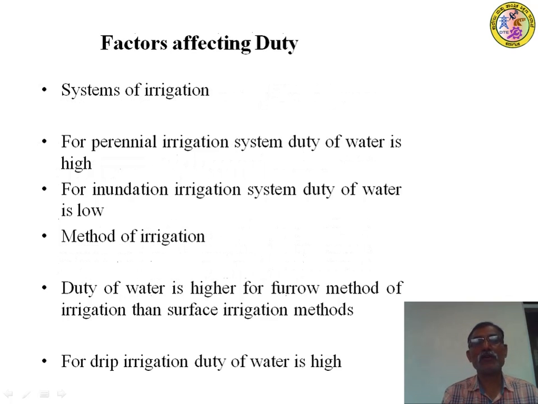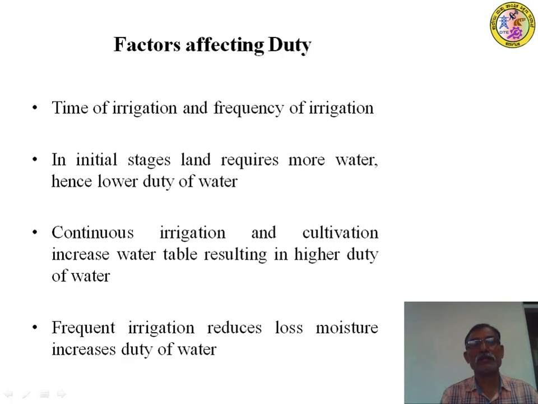Naturally, the quantity of irrigation water as well as the quality of irrigation water also plays an important role in the duty. If the water contains high harmful salts and alkalines, there is lower duty of water due to more wastage, right? Quality of water plays a very important role. Best quality of water results in high duty of water, right? Time of irrigation and frequency of irrigation also play an important role.